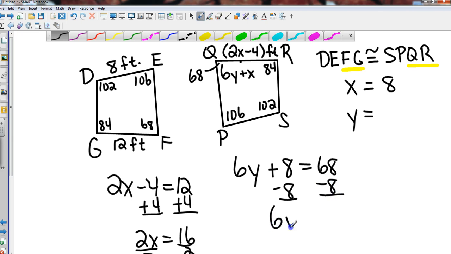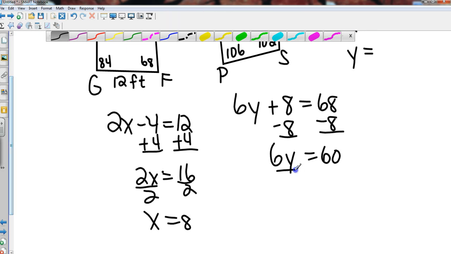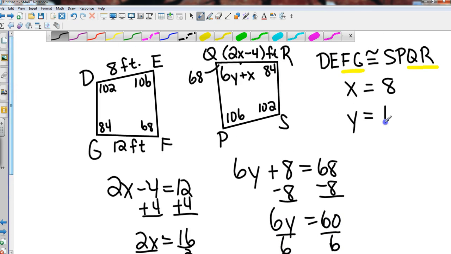We get 6y equals 60. Divide both sides by 6, and y equals 10. So for our solutions, x equals 8, y equals 10. Again, looking at corresponding parts of congruent shapes, congruent polygons, and that's chapter 5, section 2.